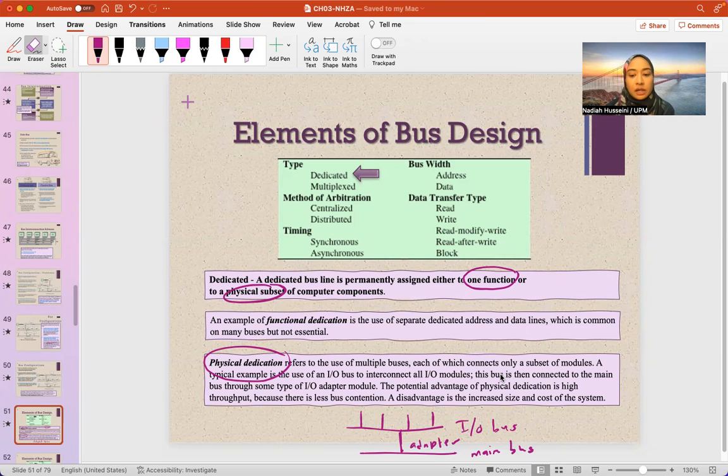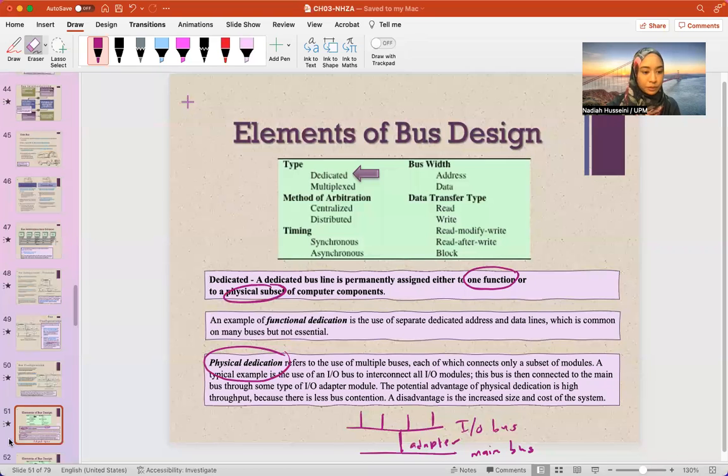So basically you are increasing the size and also the cost of the system. You are increasing the size of the department because you're adding extra person, which is the manager, and you have to pay more because you have to hire the manager. So it's not necessary, but sometimes they use a system like that. Okay. So that is physical dedication, and another is functional dedication, which is a bus for a specific function.